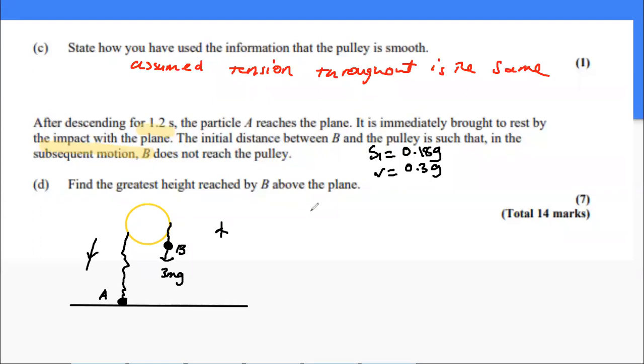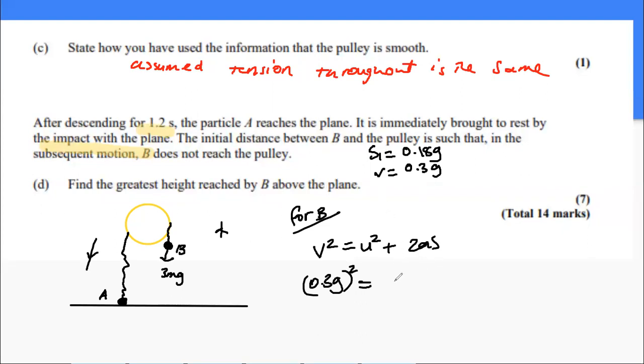Okay, so now for particle B, let's have a look and see what's going on here. Again, I'm going to use V squared equals U squared plus 2AS. The velocity is 0.3 g for B as it's approaching the pulley, because that's going to be the same as the speed with which A hits the ground. U is 0 because it's from rest.